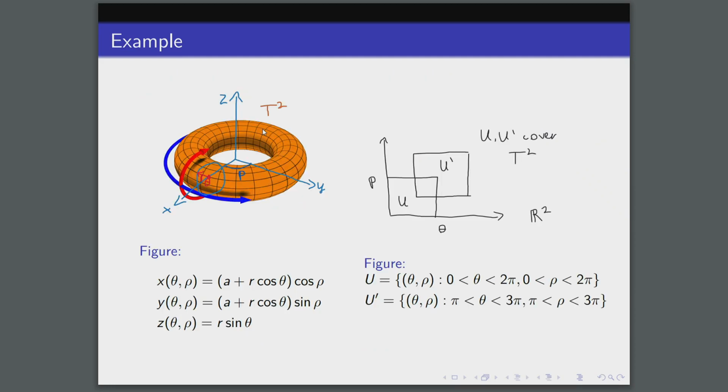How I want you to view the torus is as a surface of revolution. If we have the torus in three-dimensional space, we can parameterize the normal Cartesian coordinates, if you will, through the following formula. You might be wondering, how do I come up with this formula?